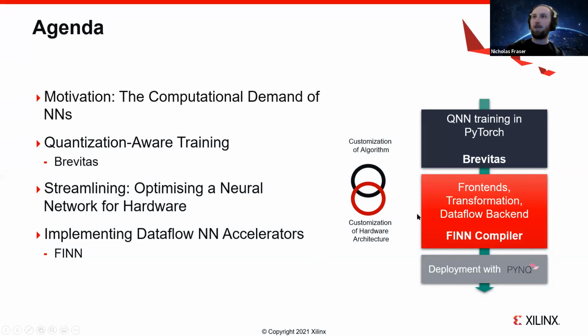We train a quantized neural network in Brevitas, in PyTorch, and then we pass that to a compiler that does some optimizations and generates an architecture that is specific to that hardware. And then we can deploy it in multiple ways, including Xilinx's own PYNQ device.